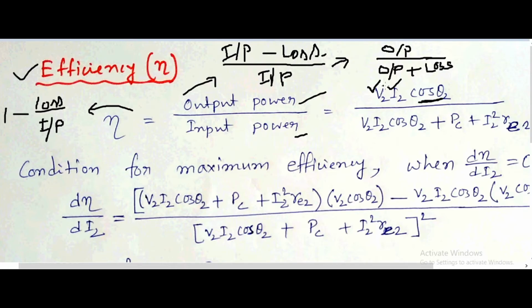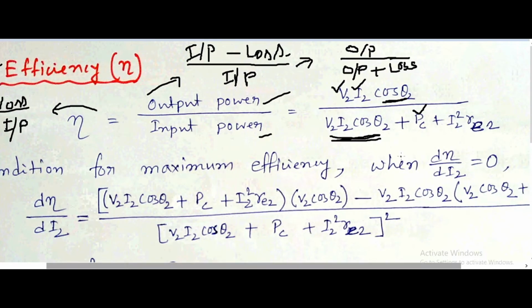So output is secondary V2 I2 cos theta 2, and this output power plus core loss component PC, hysteresis loss plus eddy current loss, which is also known as constant losses. That means hysteresis loss and eddy current loss will not vary from no load to full load, plus I2 squared R equivalent.